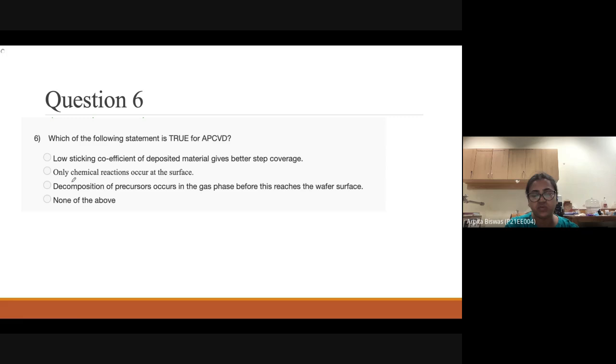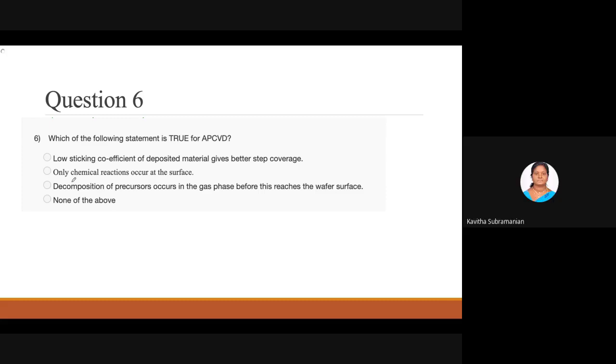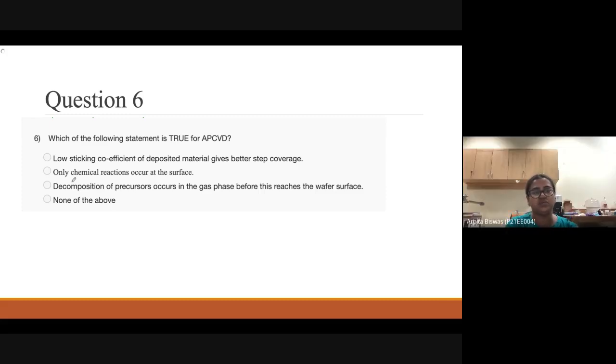When it reaches the wafer surface, then adsorption happens and then it reacts with the material, and after that the deposition takes place. So which one is the right answer? None of the above. No, not none of the above.